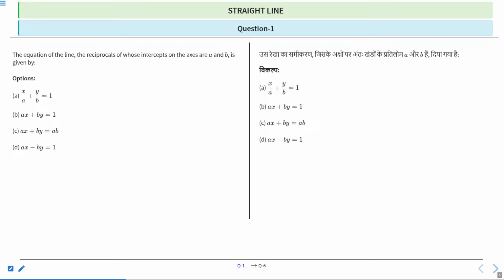That means suppose x intercept is a1 and y intercept is b1. So the equation of a straight line can be written as x upon a1 plus y upon b1 is equal to 1, right? Now it is given that the reciprocal of the intercept, that is 1 by a1, is given as a, and 1 by b1 is given as b. Got it? So in this way you can try to approach this question. You have 10 seconds to solve or think about this question. After 10 seconds we will discuss the solution, right?